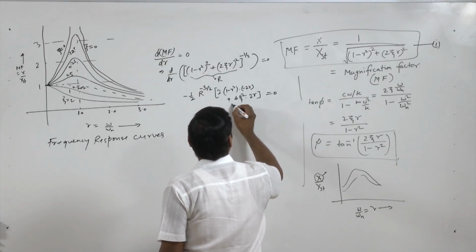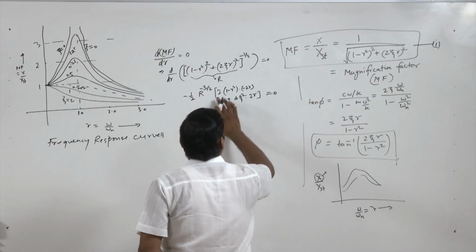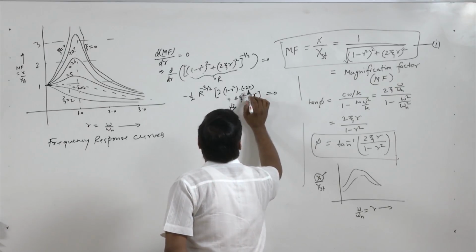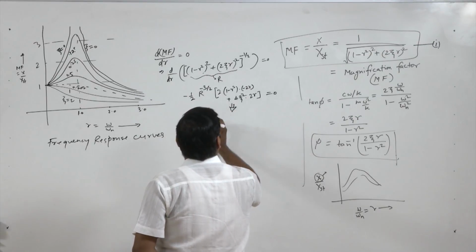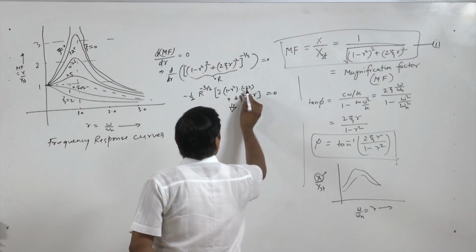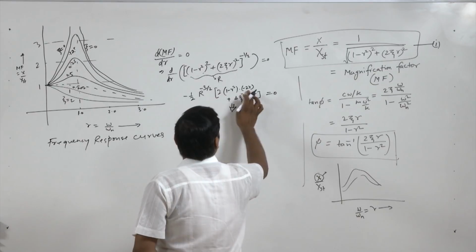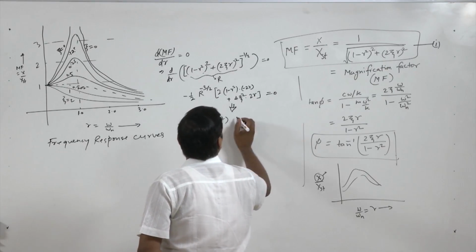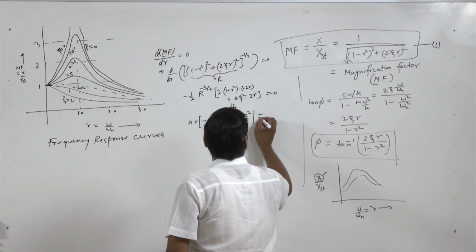Let's take this term mainly. We can take 4r outside, and so it is minus (1 minus r square) plus 2 zeta square equal to 0.